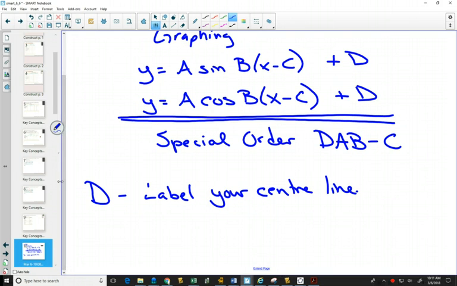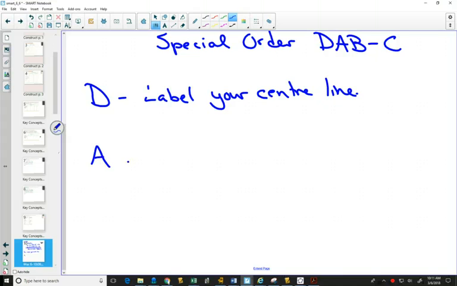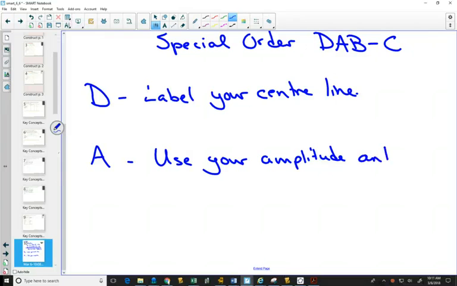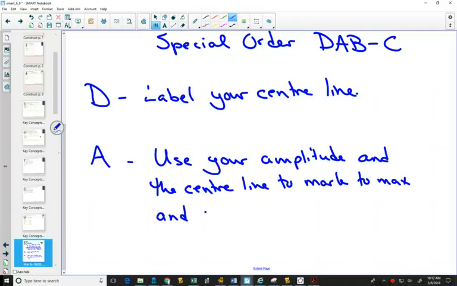Then we'll go to our A value. And since we know that our A value is our amplitude, we're going to use our amplitude and the center line, which we already drew, to mark the maximum and minimum of your sine graph.